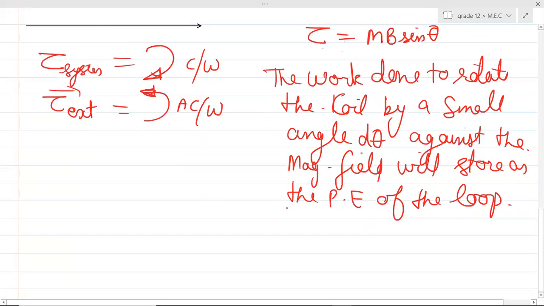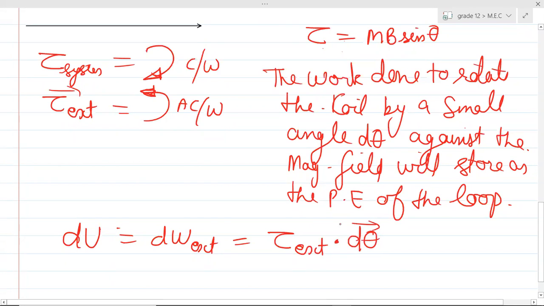So when you do this, the work done by the external agent will be stored as the potential energy, which equals the external torque multiplied by d theta. Yes or no? Everyone knows this thing.